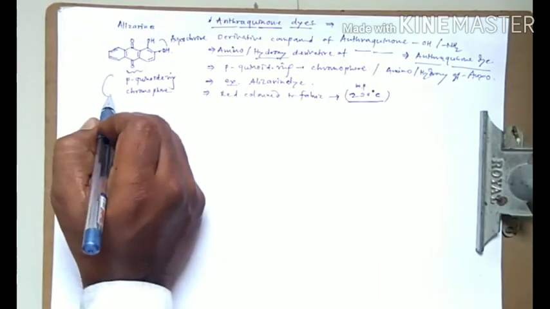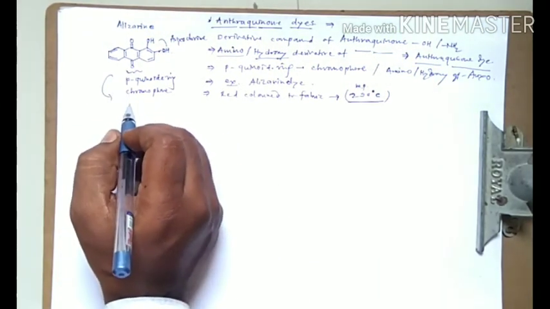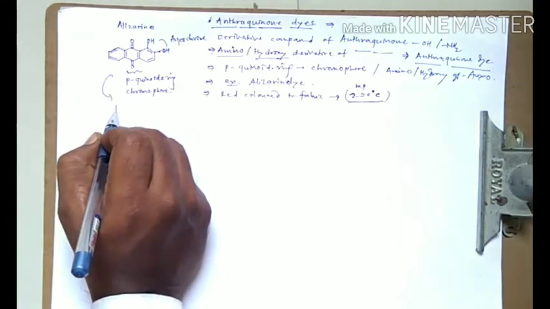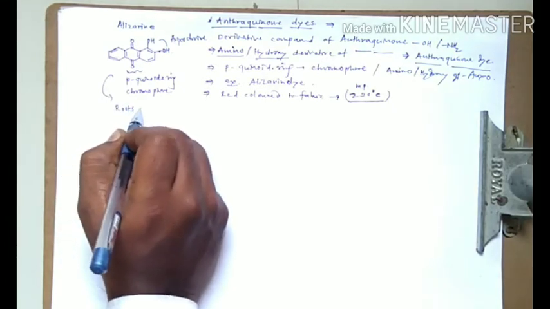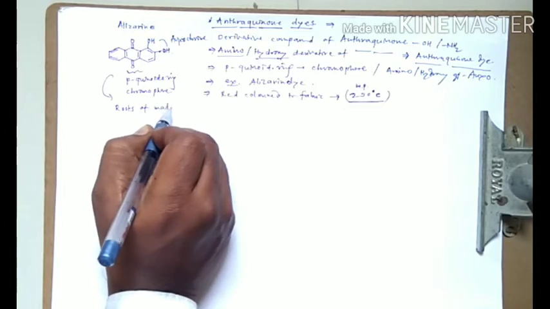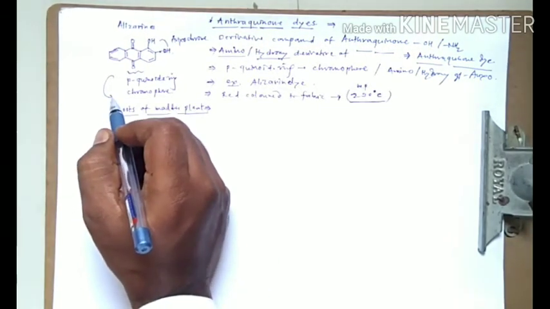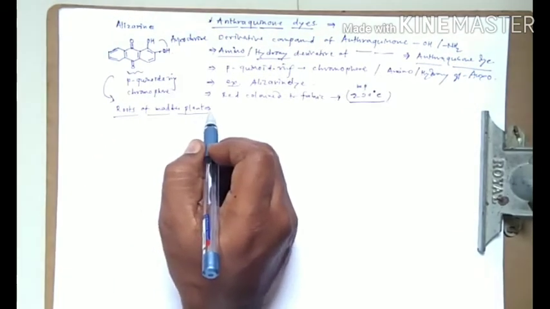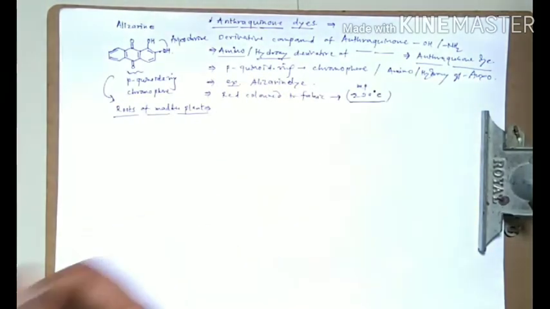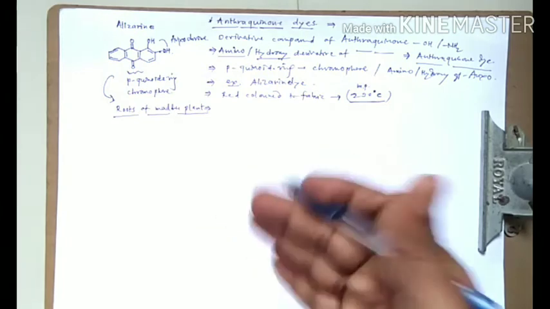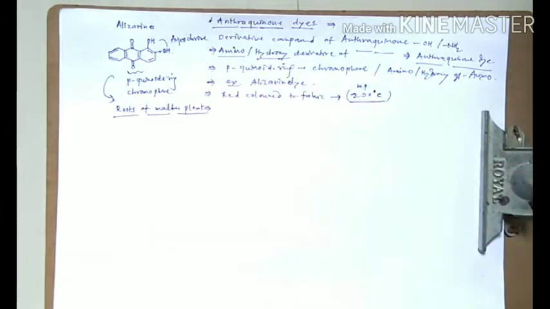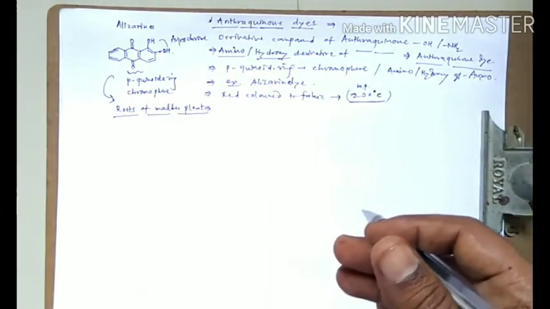Now this alizarin is obtained from the roots of the madder plant. It was obtained from the roots of the madder plant, and because of the scarcity or low abundance, it is now prepared in the laboratory also.